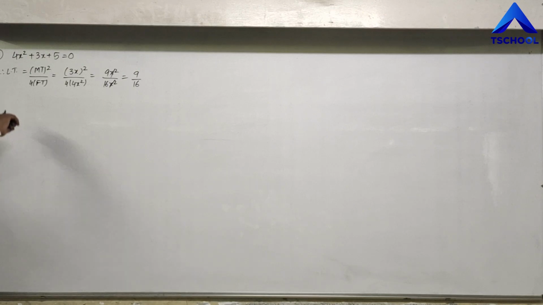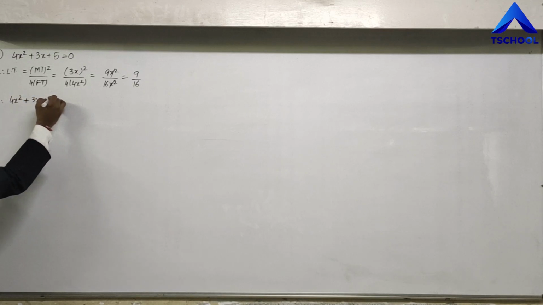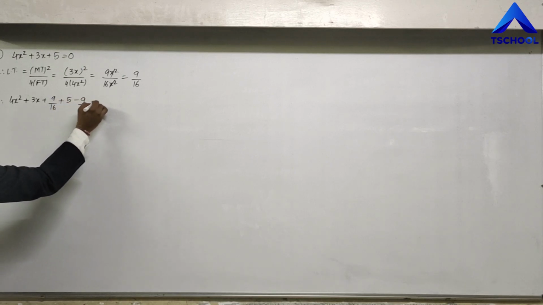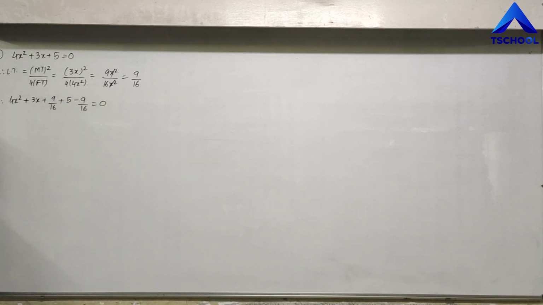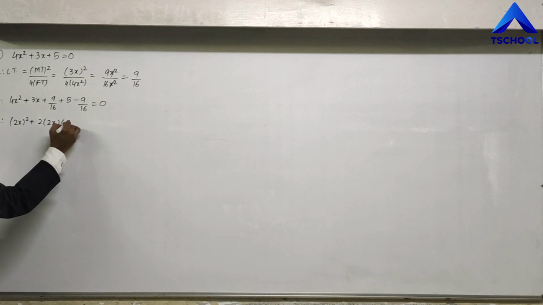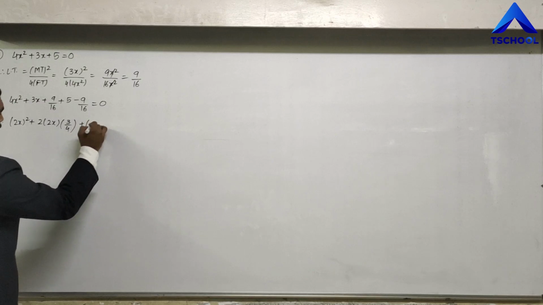Now we got the last term, adding this gives me 4x square plus 3x plus 9 by 16 plus 5 minus 9 by 16 equal to 0, right? Therefore (2x) whole square plus 2 into 2x into 3 by 4 plus 3 by 4 whole square.